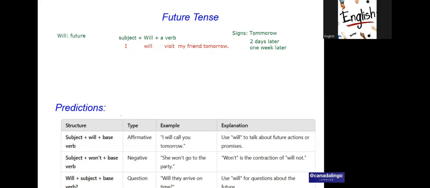You can ask questions, and the question word comes first. You can ask, for example, will you visit your friends tomorrow? In answer, they can say, no, I will not, or no, I won't visit my friends tomorrow.